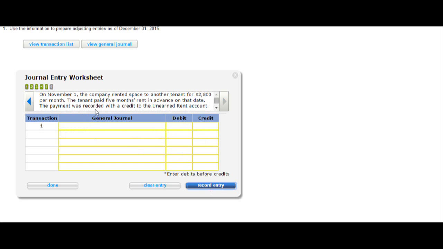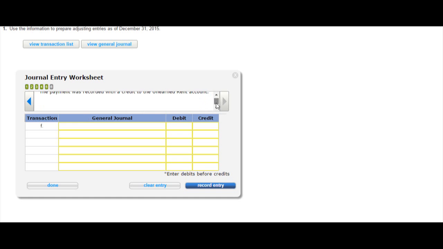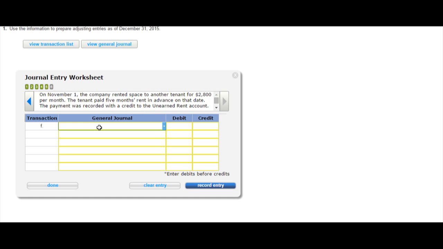On November 1st, the company rented space to another tenant for $2,800. The tenant paid 5 months' rent in advance on that date. The payment was recorded with a credit to unearned rent. So what you want to do now is show the rent that's actually been earned.